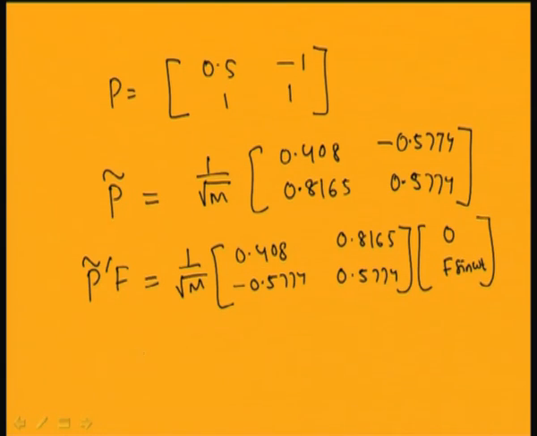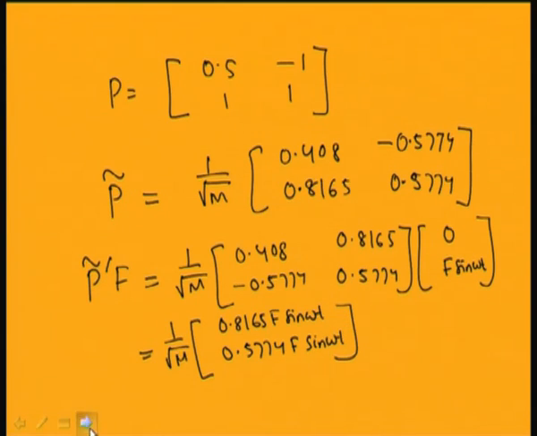So, I can write this multiplied by 0, and this becomes 1 by root m. The first equation becomes 0.8165 F sin omega t, and the second equation becomes 0.5774 F sin omega t.